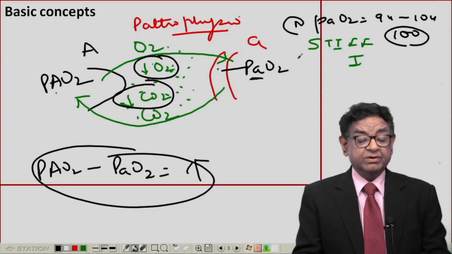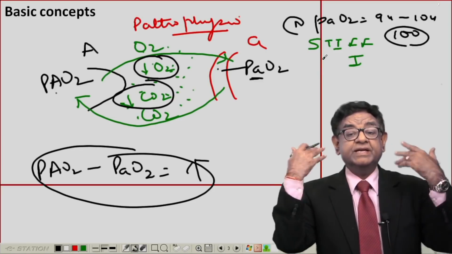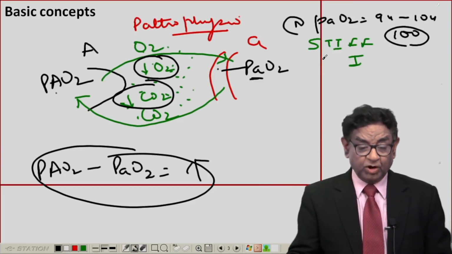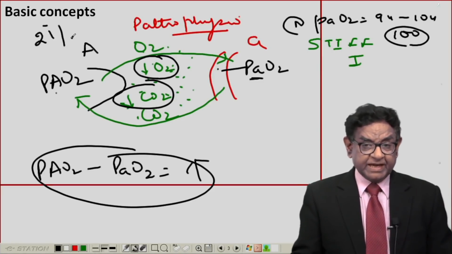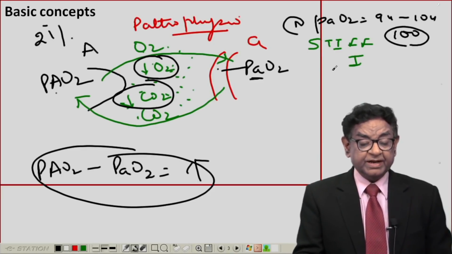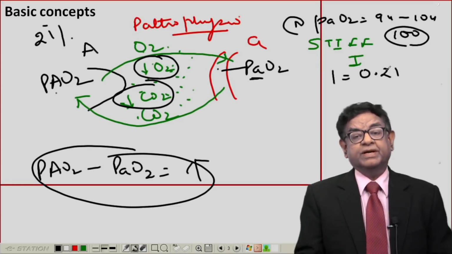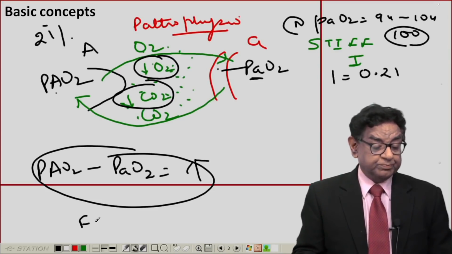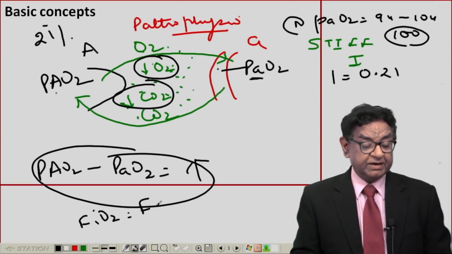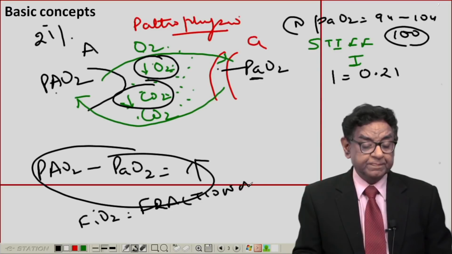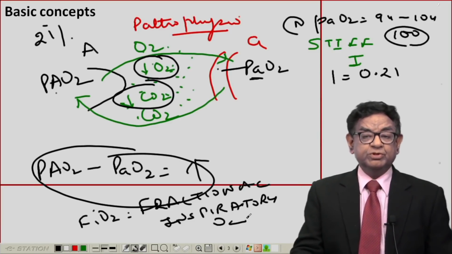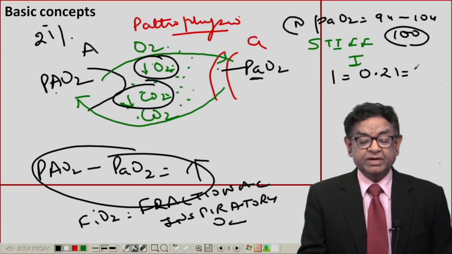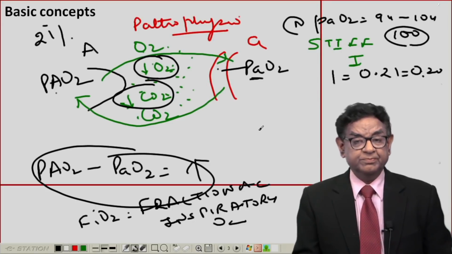Now we are breathing from the atmosphere, and we all know the atmosphere has 21% oxygen. So on the scale of 100 we are taking 21, on the scale of 1 we are taking 0.21, and this is known as FiO2. FiO2 stands for fractional inspiratory oxygen. So normal FiO2 is 0.21. For easy calculation, I am rounding off to 0.20, right?